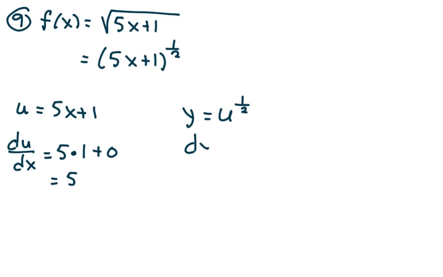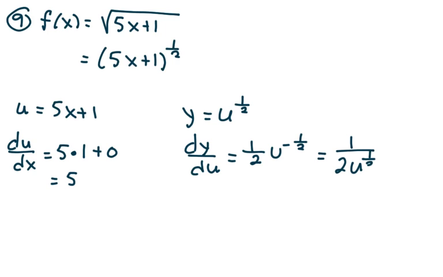And then dy/du is 1/2 u to the negative a half. That's just power rule. But this is 1 over 2u to the 1/2. But I can write dy/du as 1 over 2 square root of u. So if I want f prime of x, this is equal to dy/du times du/dx.